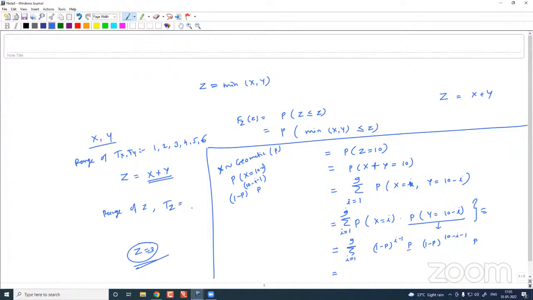Now p and p become p square. And (1 minus p) has the same base, so the exponents add: I minus 1 plus 10 minus I minus 1. The I cancels, and 10 minus 2 is 8.